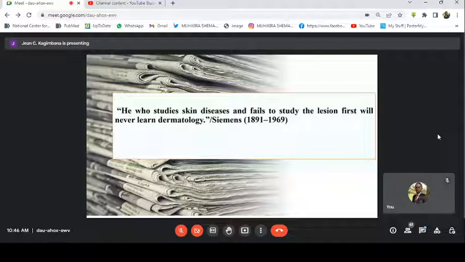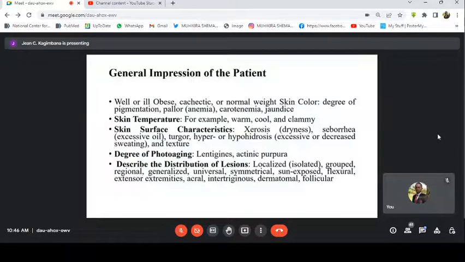Now, when you go to the patient, of course, the dermatologist looks at the patient in general, which means you have to see if the patient is ill looking, obese, cachectic, or of normal weight, and skin color.